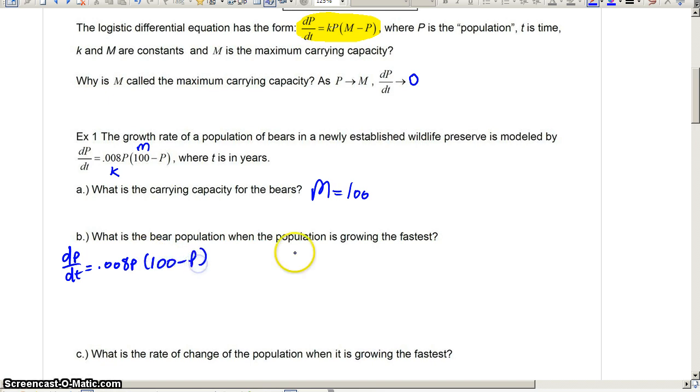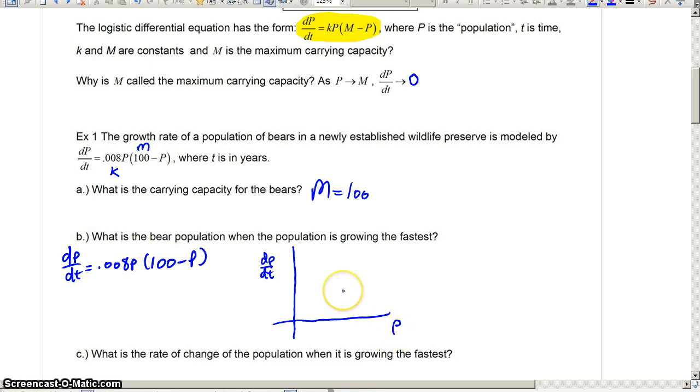We could eventually get to a graph, but if we were to look at dP/dt on our y-axis, this would be the rate of growth with respect to time. P is going to be on our x-axis.